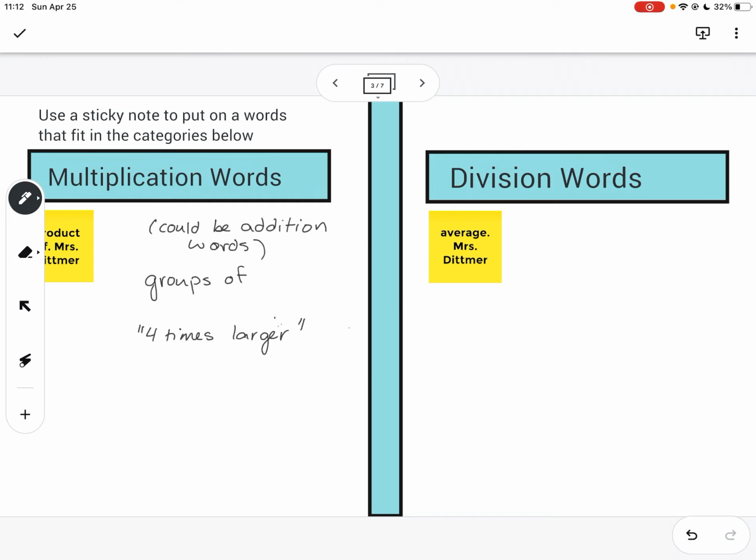And division words are average, split equally, divided between. All good examples of words that are going to indicate using the operation division.